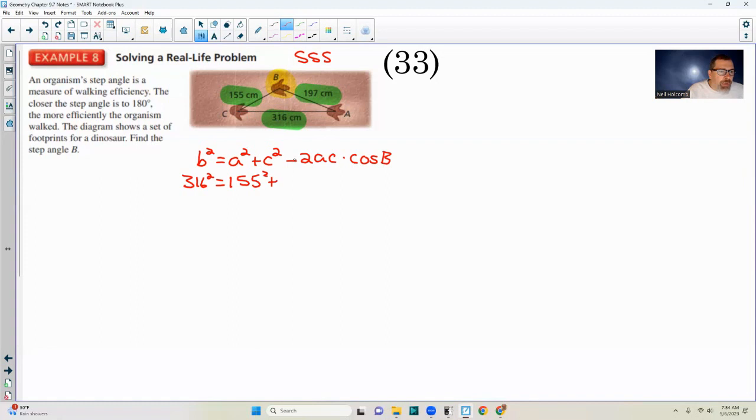Here's c, so opposite c is 197. 197 squared minus 2 times a times c, 155 times 197, times cosine b. So notice what we have here: a number, a number, a number, a number, a number, a number, an unknown. We're trying to find cosine of b. This is the only component we don't know, so I'll just change its color to black here. We're looking for cos b.